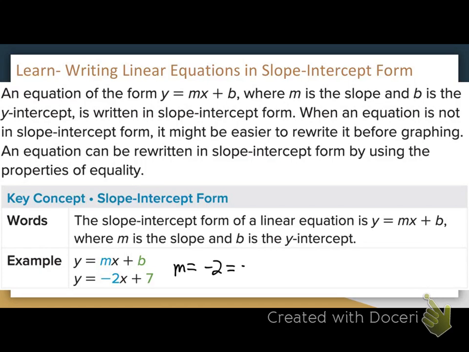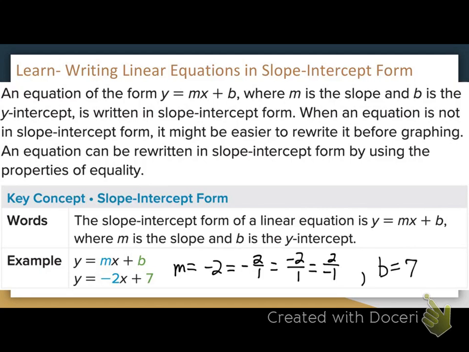Anytime I need to make a whole number a fraction, I put it over 1. The negative would either go with the numerator or the denominator. It would not go with both the numerator and the denominator at the same time. Okay? And here our y-intercept would be 7.